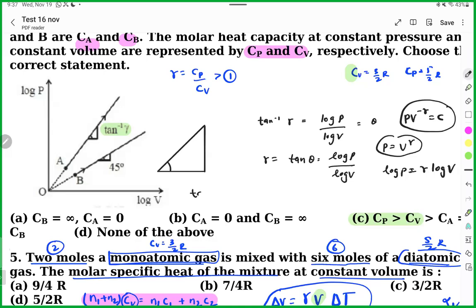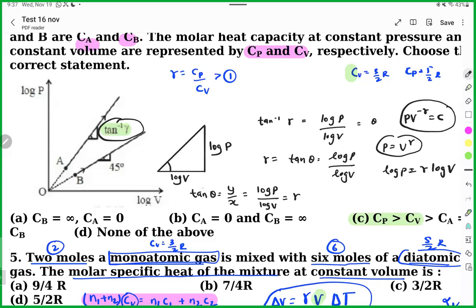How do we calculate slope? Tan theta is equal to y-axis divided by x-axis. Here the y-axis value, according to the graph, is log P, and this value is log V. So it will be equal to log P by log V, which is equal to gamma, because here it is tan inverse gamma.